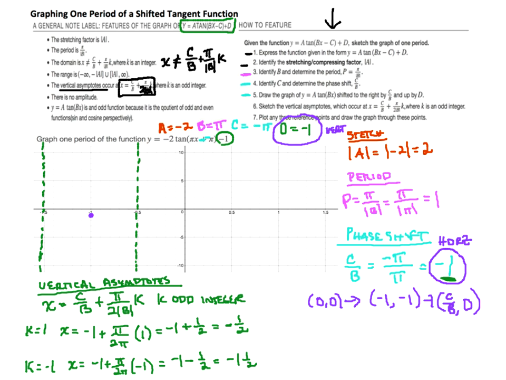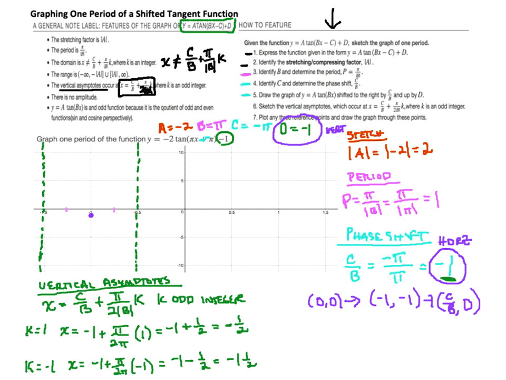So I'm going to see what happens when I plug in -1.25. Let's see, -1, 1, 2, 3, 4, 5. So -1.25 is going to be about right here on the x-axis. And I'm also going to try -0.75, which is about right here, and see where those points lie.